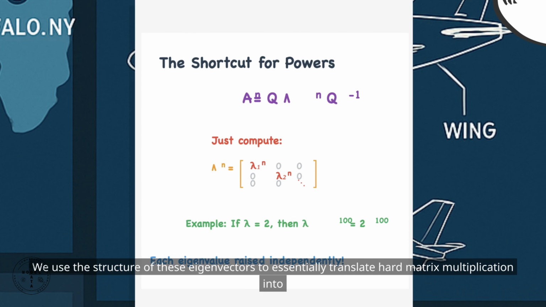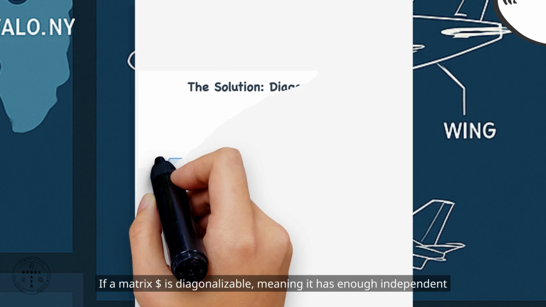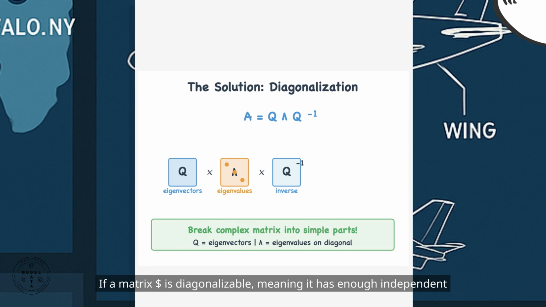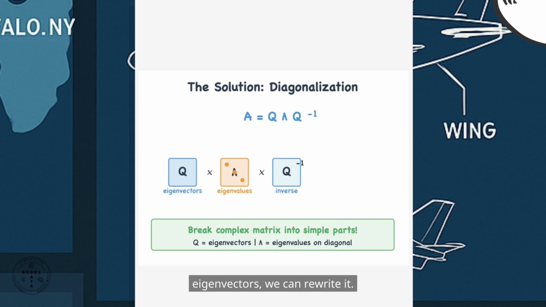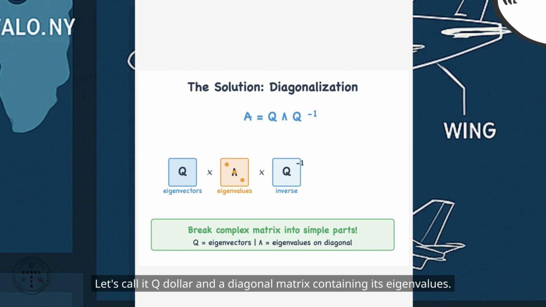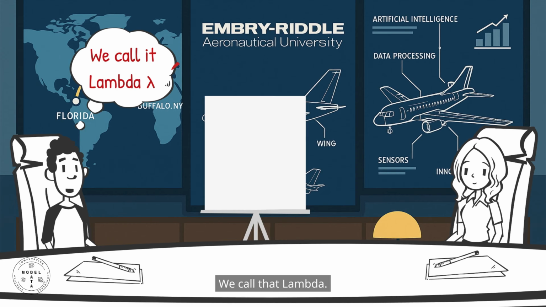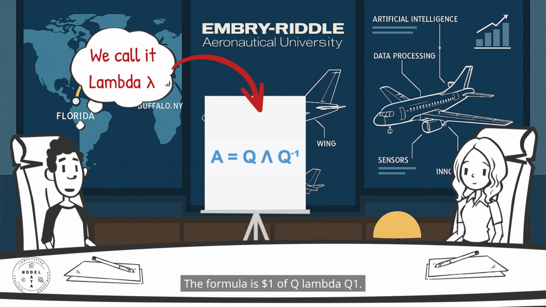We use the structure of these eigenvectors to translate hard matrix multiplication into simple arithmetic. If a matrix A is diagonalizable, meaning it has enough independent eigenvectors, we can rewrite it. We express it using a matrix of its eigenvectors, let's call it Q, and a diagonal matrix containing its eigenvalues, which we call lambda. The formula is A = Q Λ Q⁻¹.